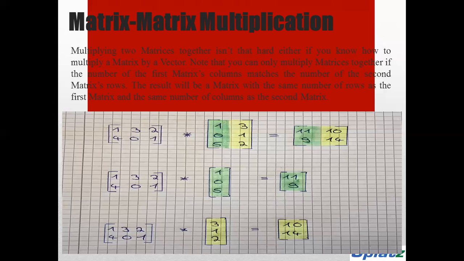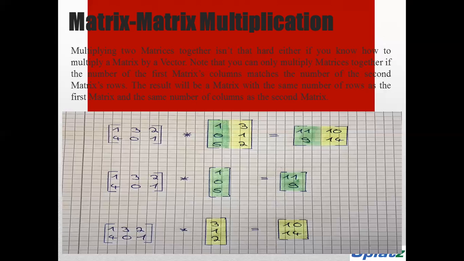Similarly, the first matrix multiplied by the second vector, 1 3 2 4 0 1 multiplied by 3 1 2. The answer is 10 14. So you can then join them. The output matrix will be 11 10 9 14.